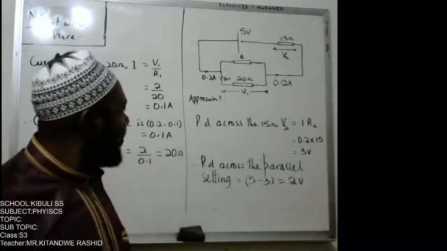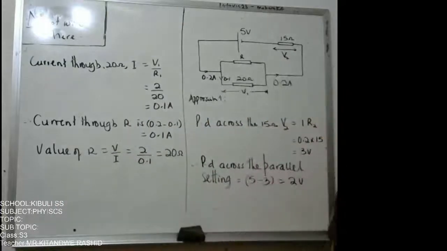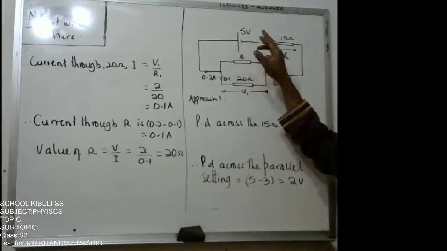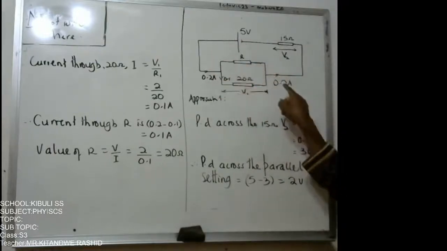Are we convinced with the first approach? Someone is saying the approach is complicated. We are repeating. We are saying the total EMF is 5 volts, and the total current supplied is 0.2 amperes.